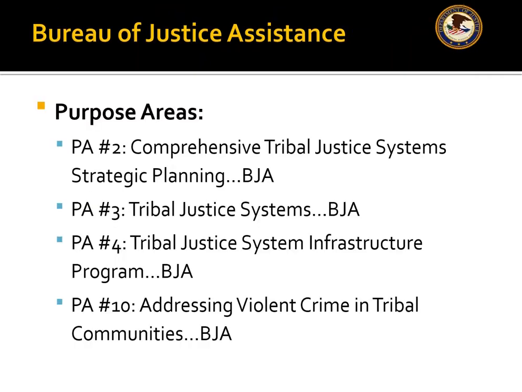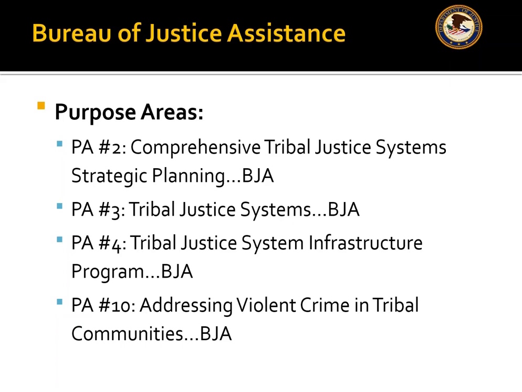Again, just to reiterate, the purpose areas that we're going to be discussing today, we're going to be discussing actually 4 purpose areas. Purpose area 2 is really the comprehensive tribal justice system strategic planning. Purpose area 3 is tribal justice systems. This includes the Indian alcohol and substance abuse funding, as well as tribal courts funding resources.